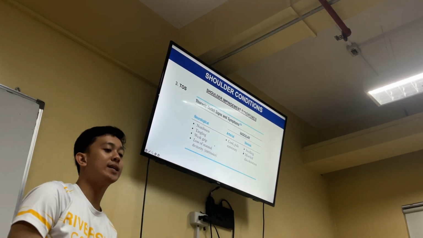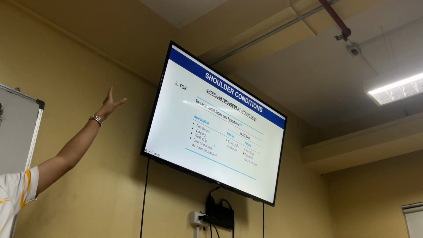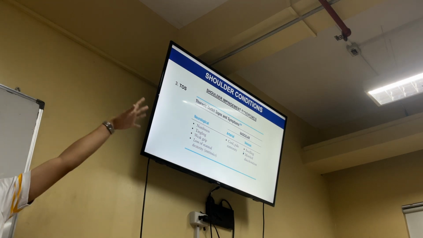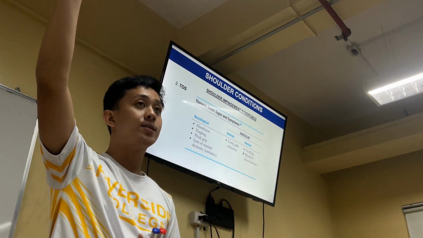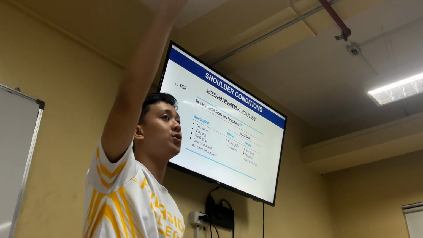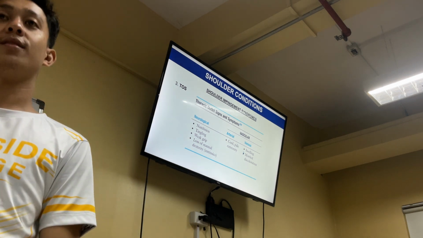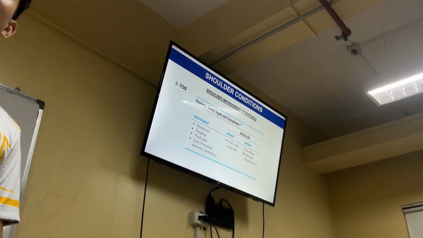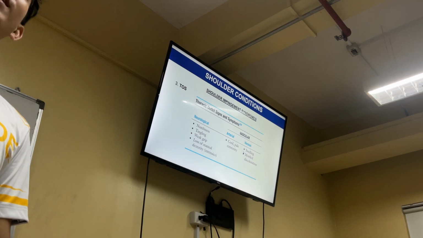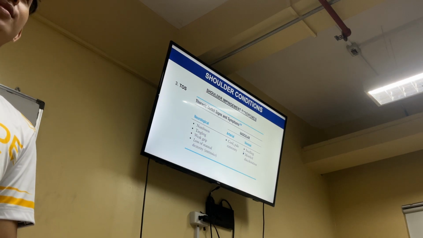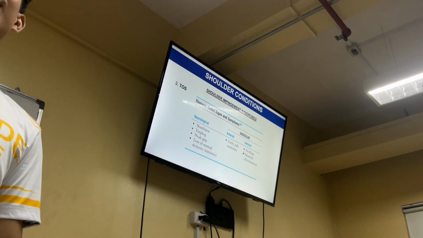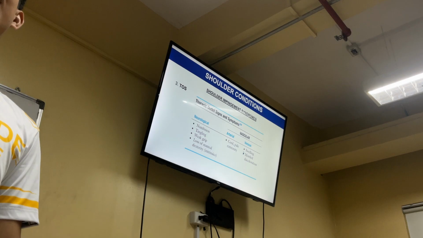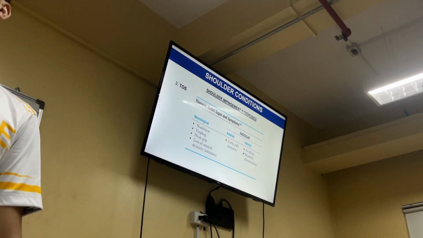We have thoracic outlet syndrome, but it's not part of your upper extremity orthopedic conditions. I only included it because it's still under your shoulder impingement. So with TOS, what are the structures affected? Subclavian artery, vein, and brachial plexus. Specifically, the lower C8 to T1.